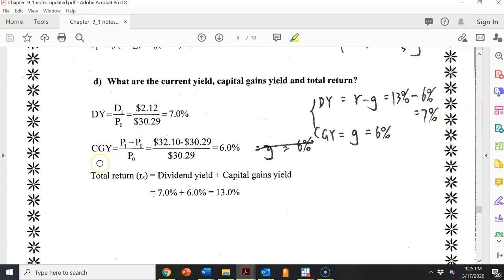For capital gains yield, here we can use the difference in P1, P0 divided by P0 as 6%. We can also use our conclusion that CGY equals G, and it's 6%. Total return is the sum of dividend yield plus capital gains yield, 7% plus 6%. Okay, it's the same as RS we calculated from CAPM, 13%.